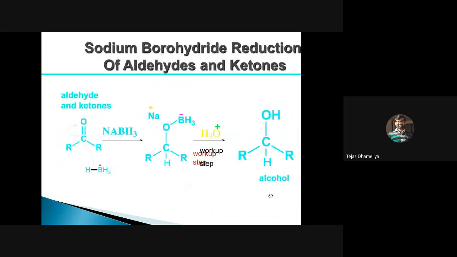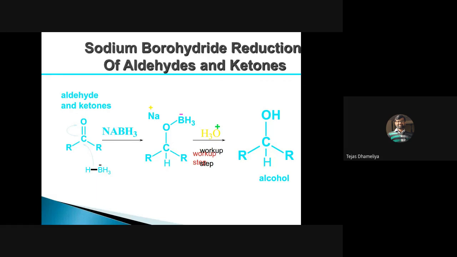And one more example, reduction of carbonyl compounds using sodium borohydride. You people will be visiting this reaction again in your chapter on oxidation reduction reactions, redox reactions.